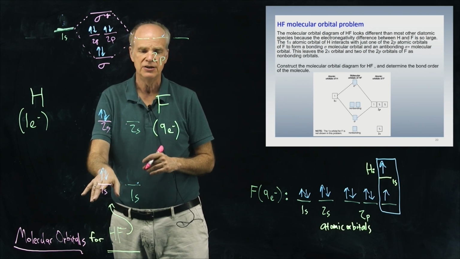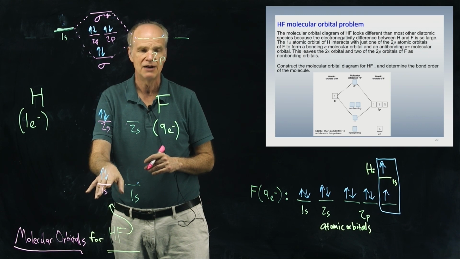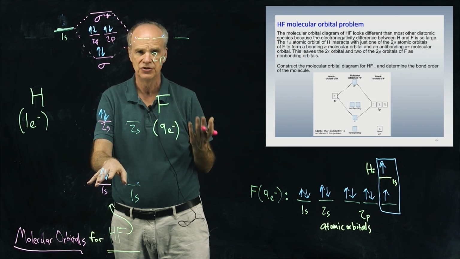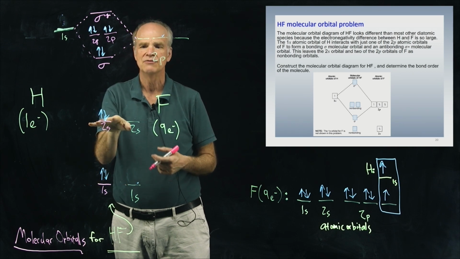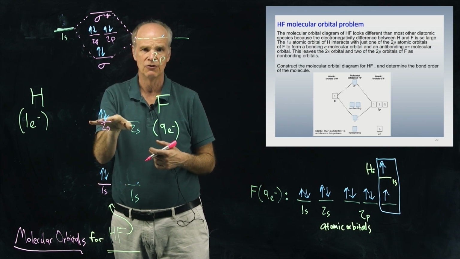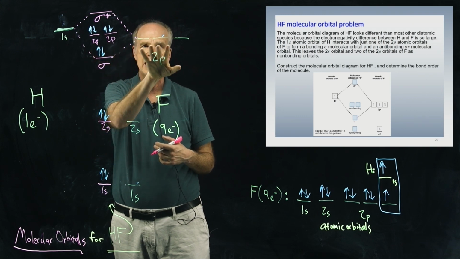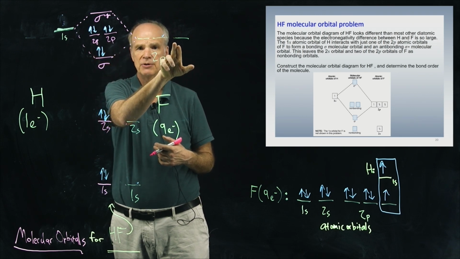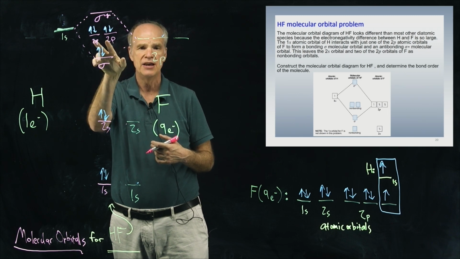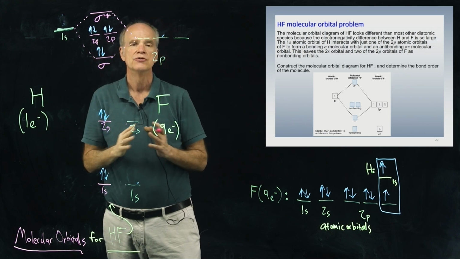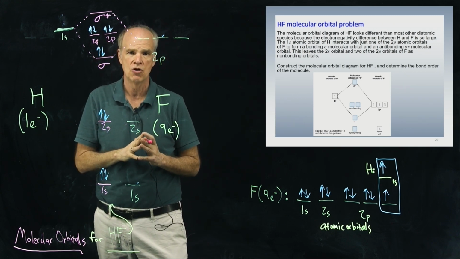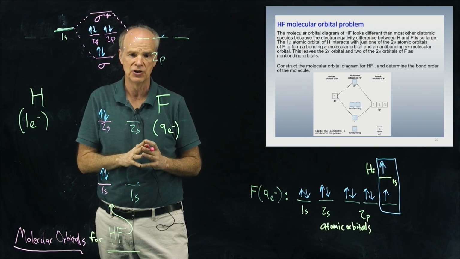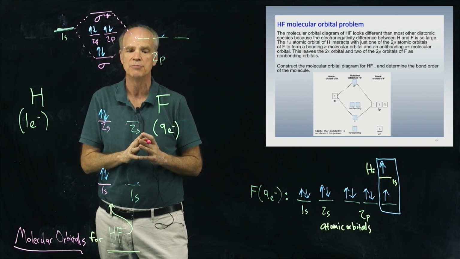So here in the HF molecule, we have a 1s atomic orbital that was never turned into a molecular orbital. We have a 2s atomic orbital that was never turned into a molecular orbital. And then also we had 2p atomic orbitals of fluorine that never became molecular orbitals. Those atomic orbitals that never become molecular orbitals are called non-bonding orbitals.